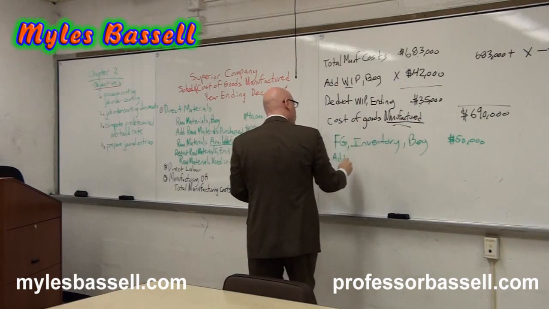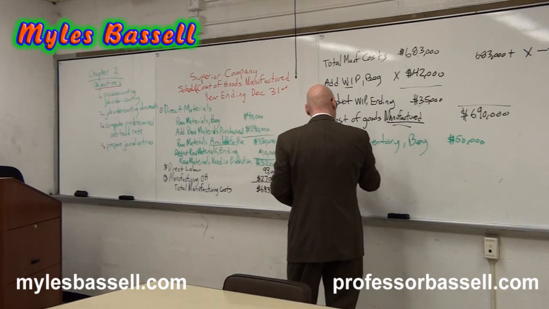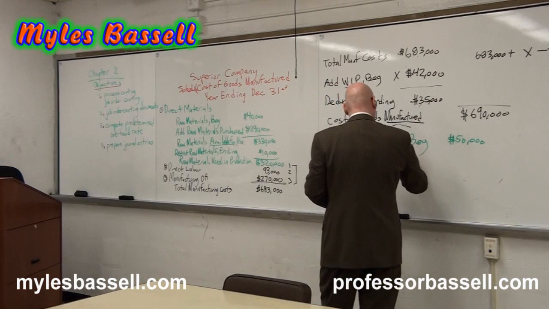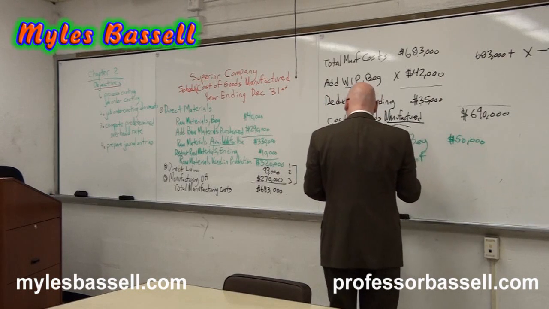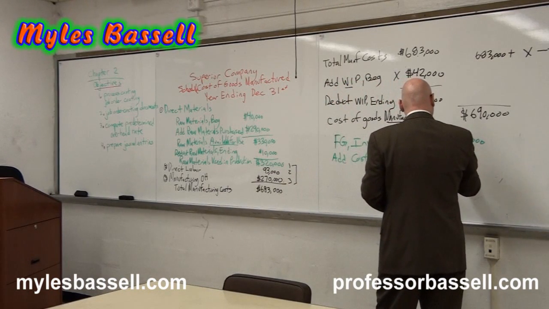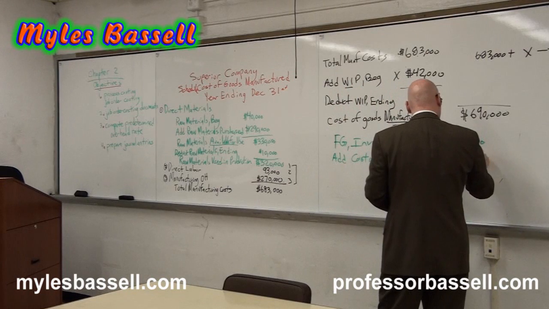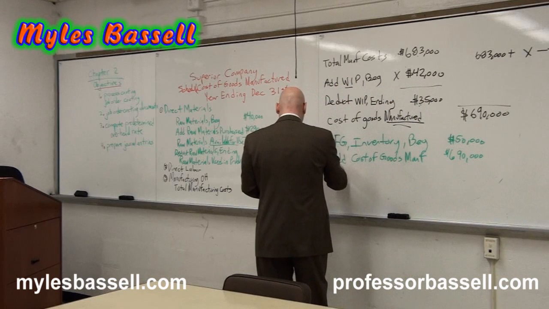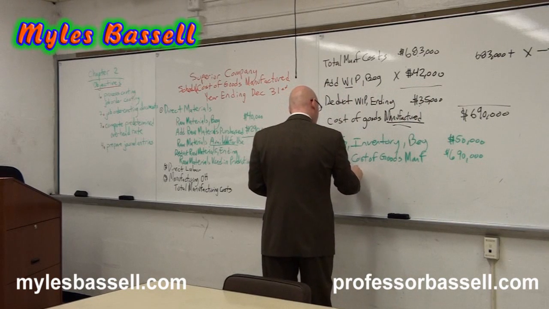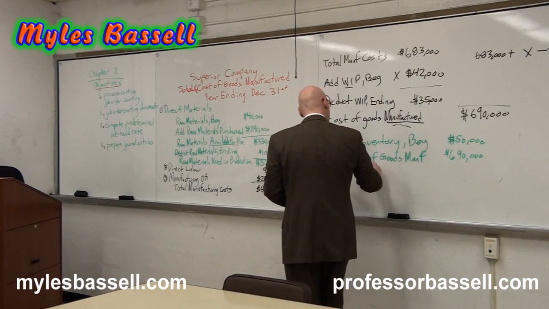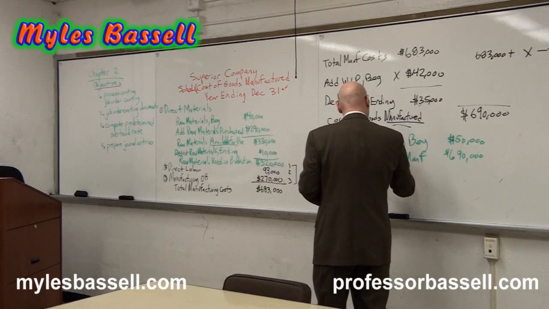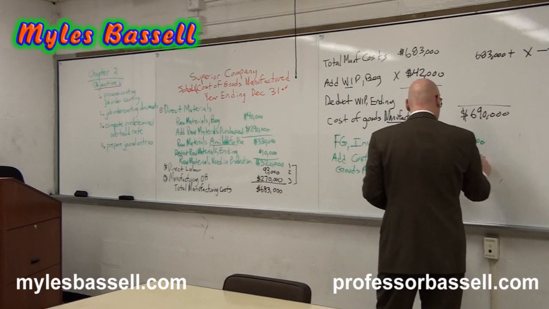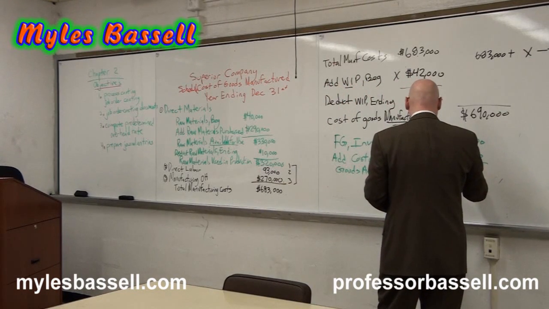We add to that the cost of goods manufactured, which is $690,000. That gives us the goods available for sale. Is what? 740,000.